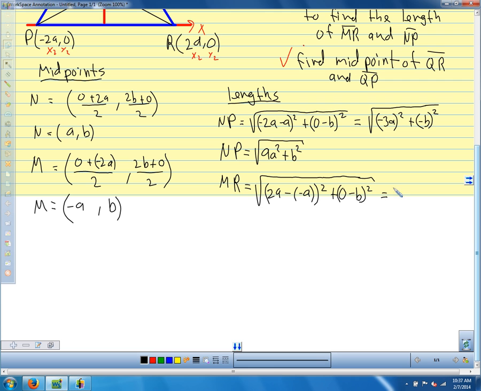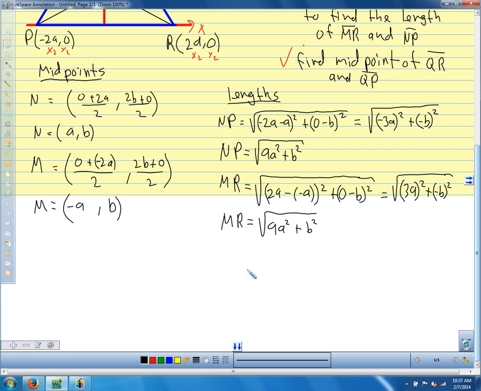So this is going to be the square root of 2a minus negative a is 3a squared, plus negative b squared. And when I square this, I get that MR is the square root of 9a squared plus b squared.